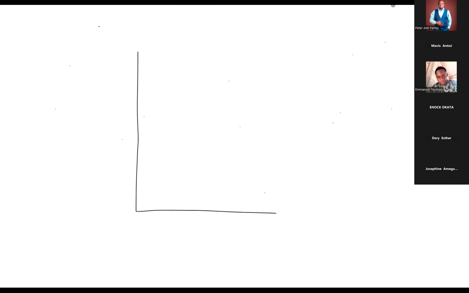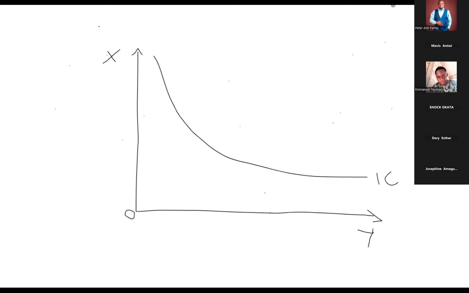All right, so we have X and Y, as usual, being two different commodities. And then we draw this. This is an indifference curve. So we are saying that all points on this indifference curve.